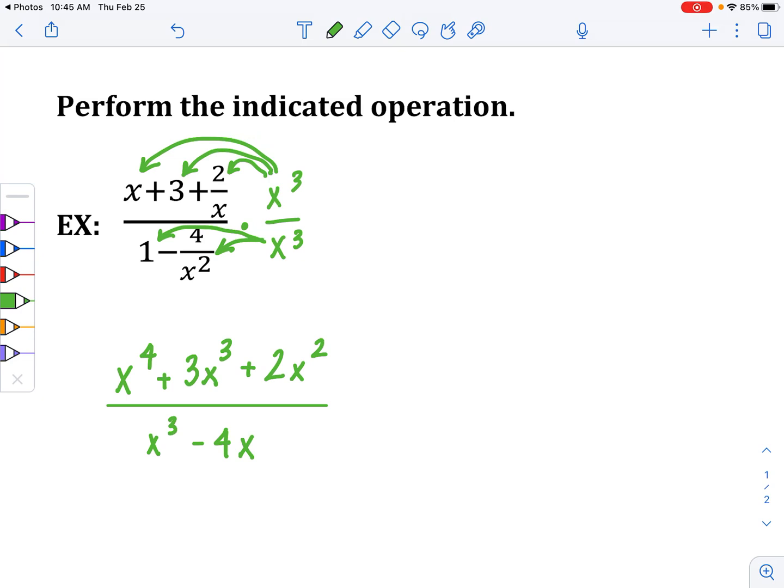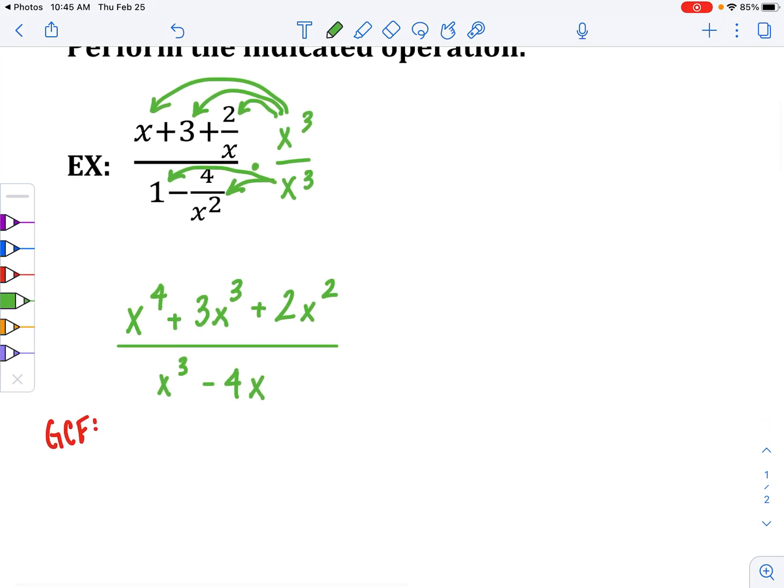So from here, I'm always going to look for greatest common factor. When in doubt, look for a GCF always to try to simplify your expression. Notice in the top, I can factor out an x squared, leaving me with x squared plus 3x plus 2.